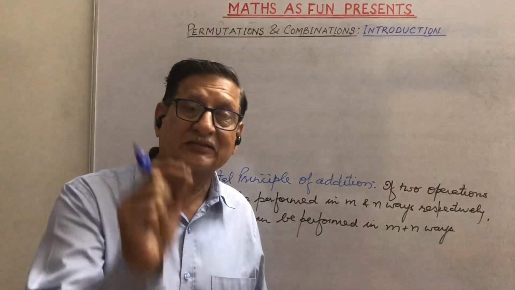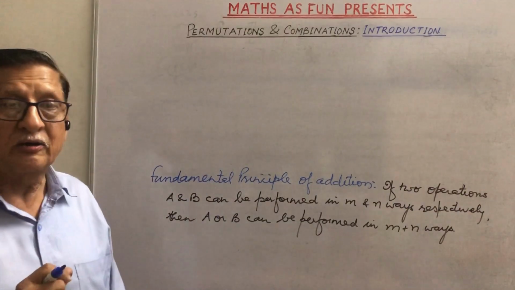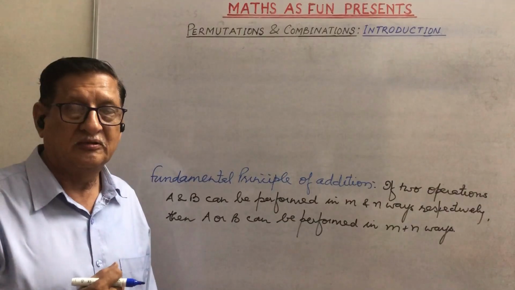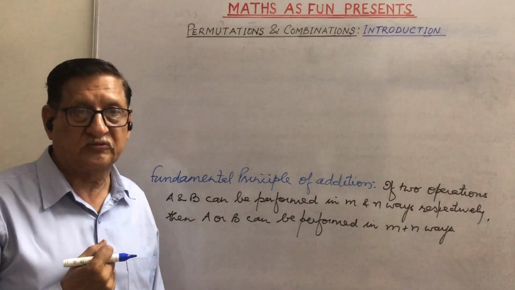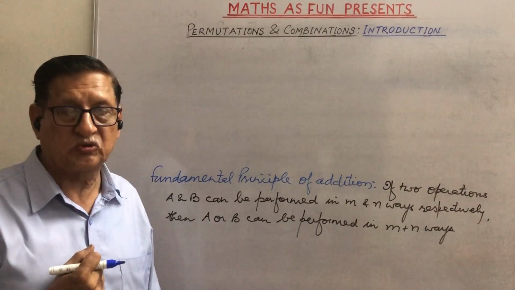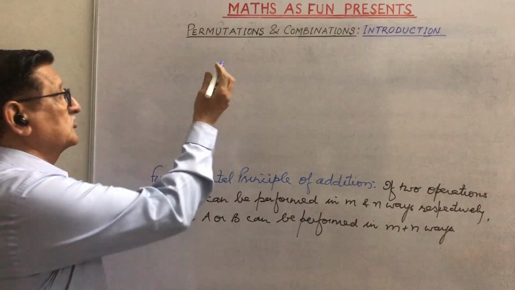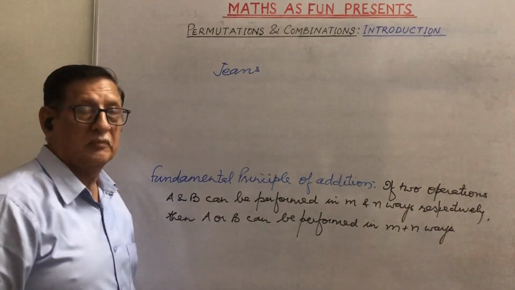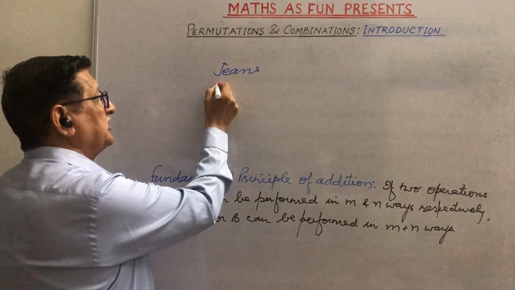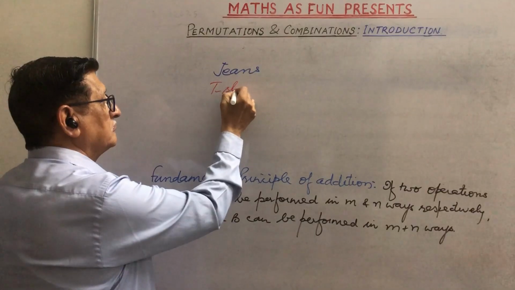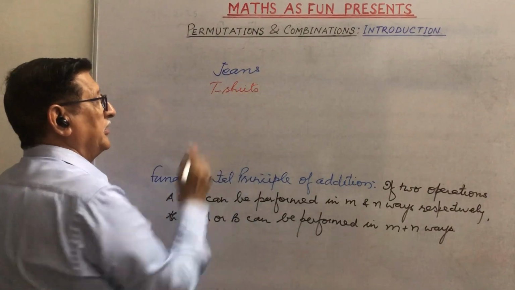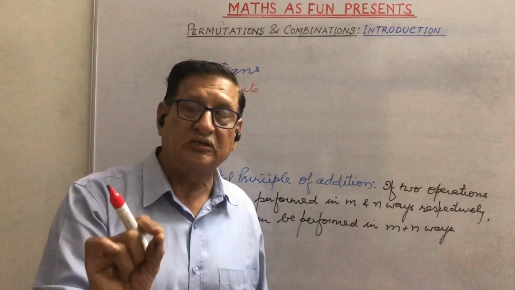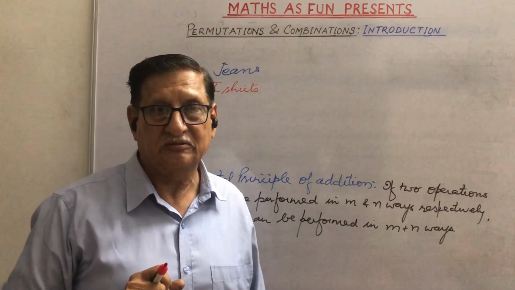We can understand the same thing in another way with one example. Suppose a person goes to purchase some ready-made clothes from a ready-made garment shop, and he wants to purchase some jeans and t-shirts. He decides that he will purchase only one t-shirt and one jeans.